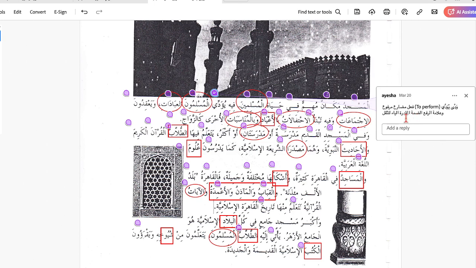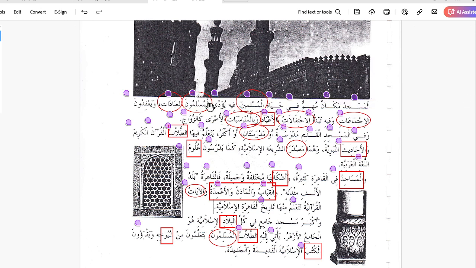It is actually yuwaddiyu, but we don't see the damma here because of the heaviness. So we will say dammatil muqaddara al ya lis-sikl. There is an estimated damma on ya, and because of the heaviness it is not shown. So it's actually wadda yuwaddiyu, so there is the damma here on ya.